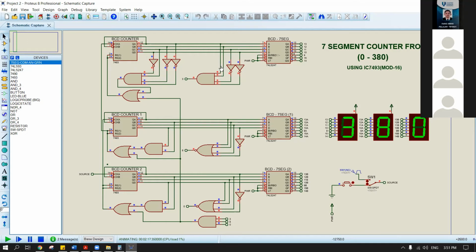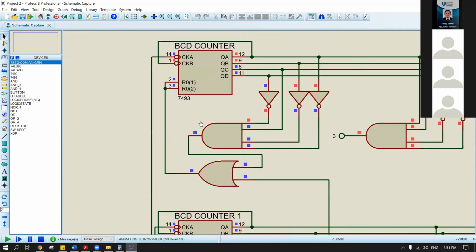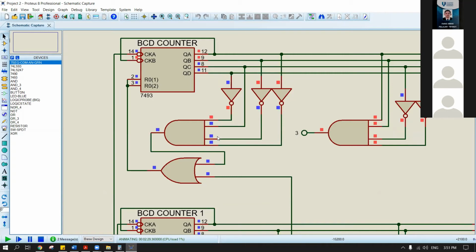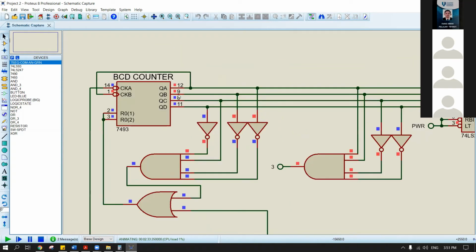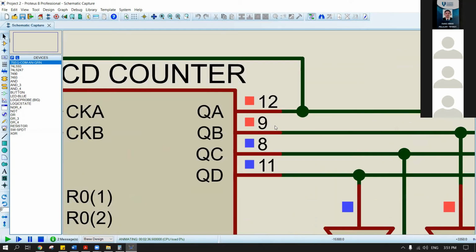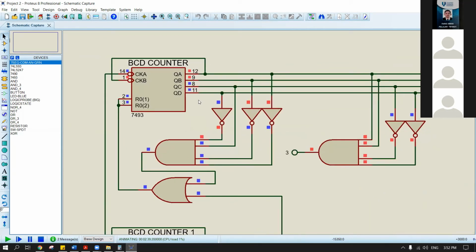Based on this input in the AND gate, one of you guys can tell me what is the decimal number for this IC based on the color? 0011. 1100.